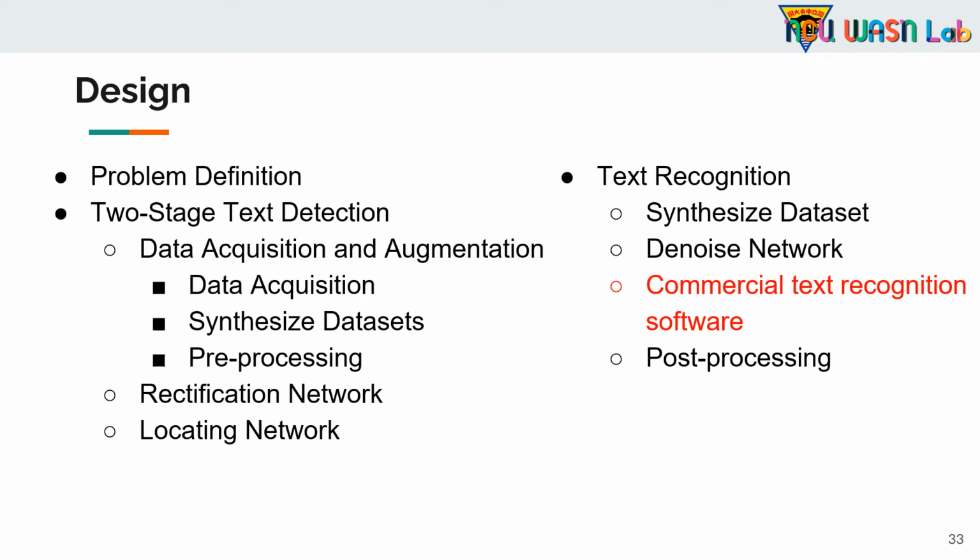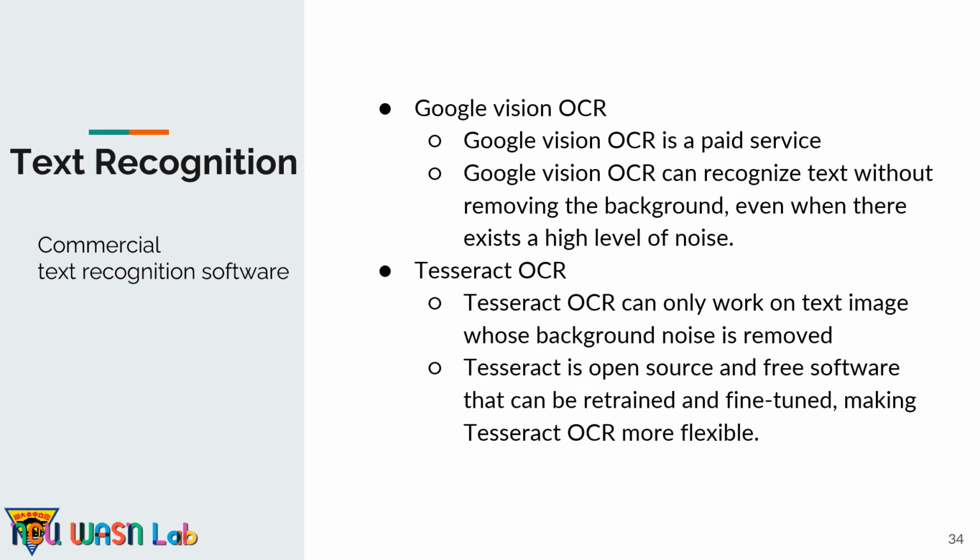And after the denoise network completes background removal, the field image can then be sent to the text recognizer to recognize the text in it. And here we use some commercial text recognition software. The first one is Google Vision OCR. Google Vision OCR is a paid service and can recognize text without removing the background, even when there exists a high level of noise.